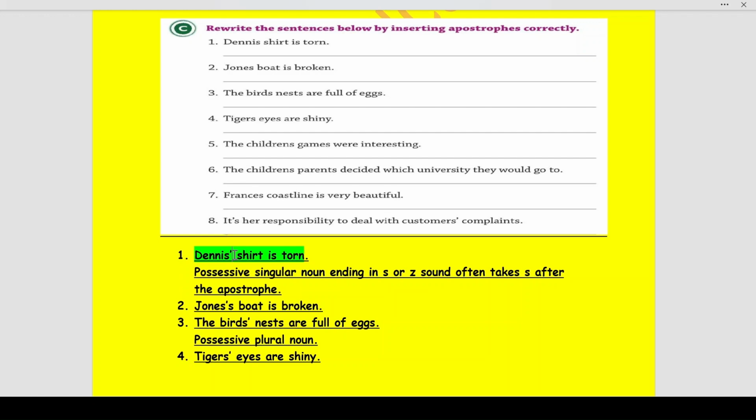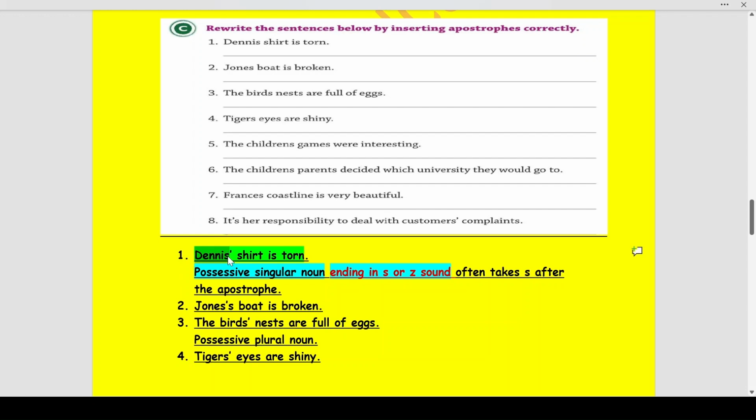Because here we are talking only about Dennis. Dennis is a singular noun, a singular noun which is ending in S or Z sound. Please note, which is ending in S or Z sound. We are not concerned with plural. We are now only talking about possessive singular nouns, which are ending in S or Z sound. Which is the singular noun in our sentence?